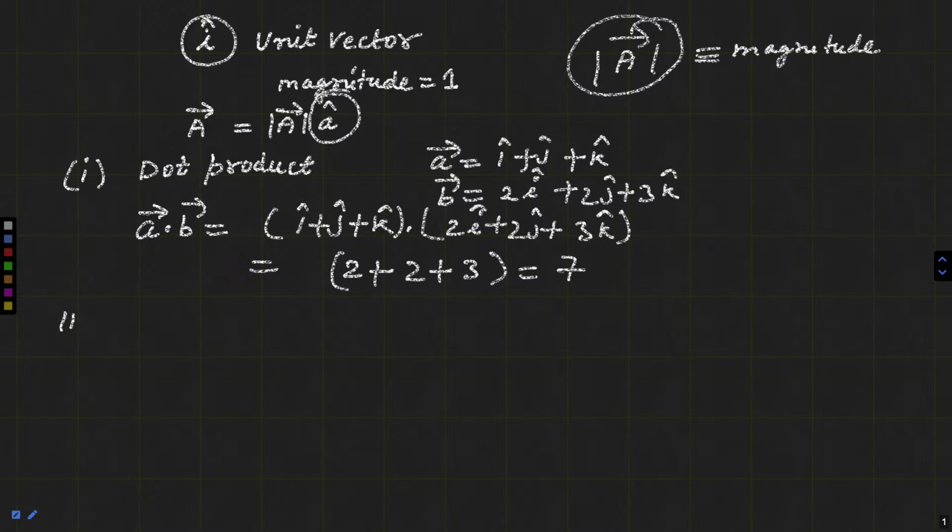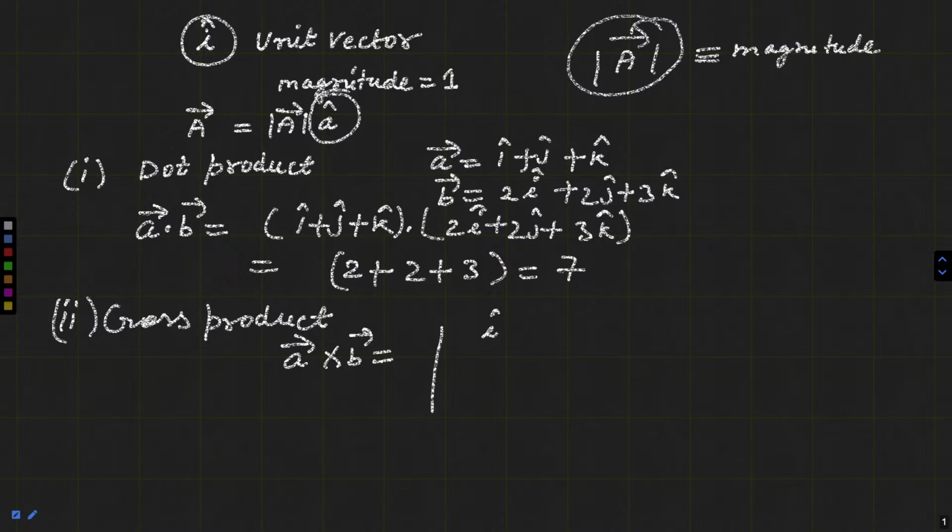And the cross product. So it will be a vector cross b vector. So we can solve with i, j and k cap. So a is 1, 1 and 1, and b vector is 2, 2 and 3.